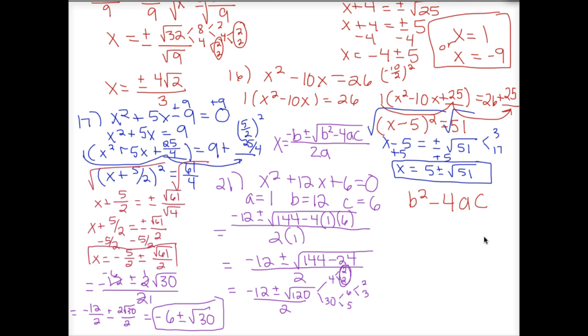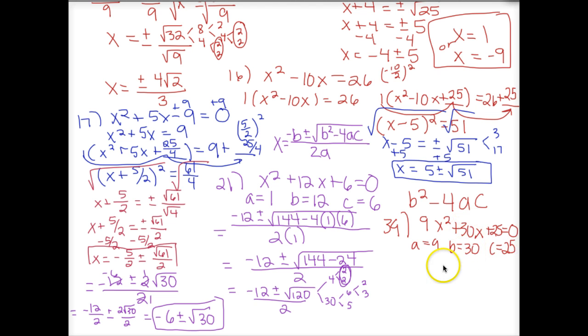That problem was 9x squared plus 30x plus 25 equals 0. So it's already in equals 0 form. So I know my A is 9, my B is 30, my C is 25.